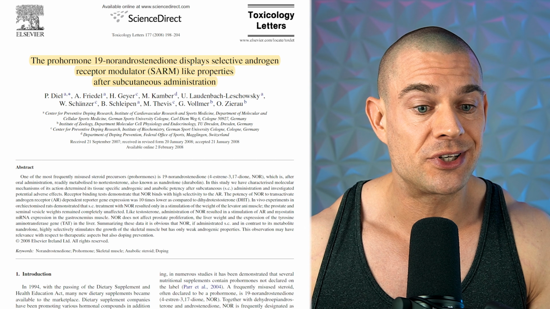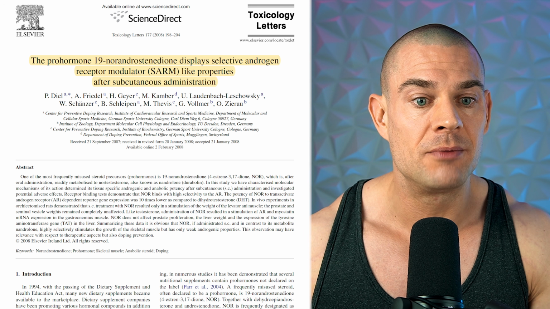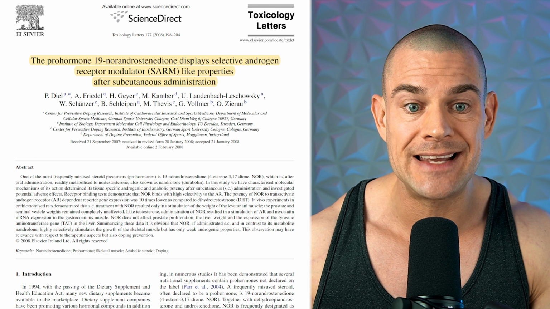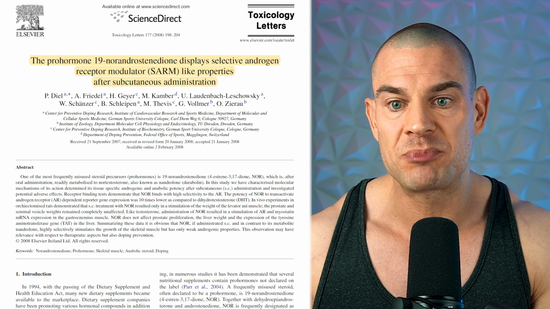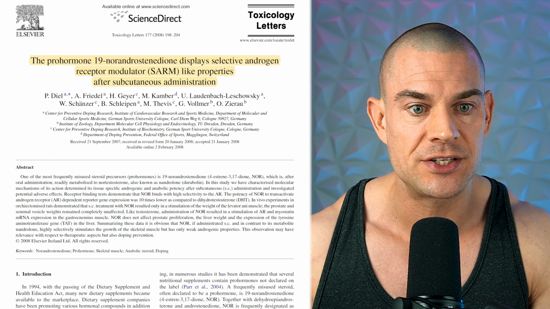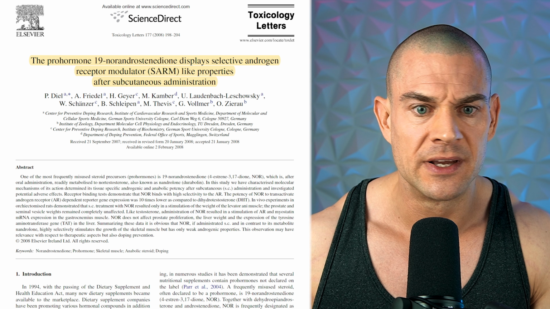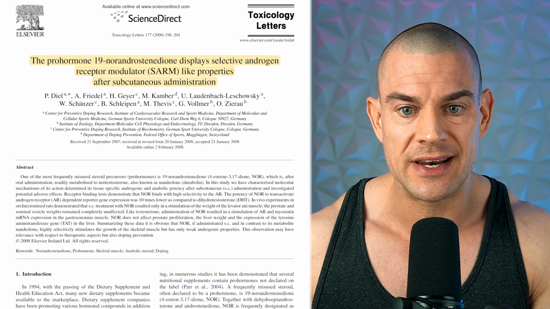Moving over to the next study performed by Diel et al., published on February 2nd, 2008, titled The Prohormone 19-norandrostenedione Displays Selective Androgen Receptor Modulation, steroidal SARM like properties after subcutaneous administration.